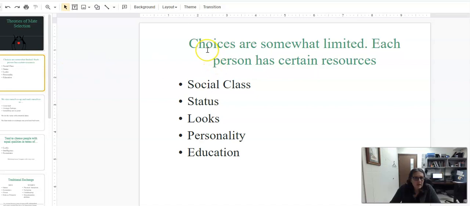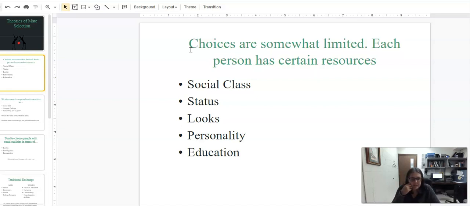It's talking about how when we're picking someone to date, their choices are limited, and each person has certain resources, and so a lot of times people are going to be looking for different resources or different things that they are looking for in someone. And usually this first stuff is more the superficial stuff, right? That's kind of like the filter that we use to filter people out.